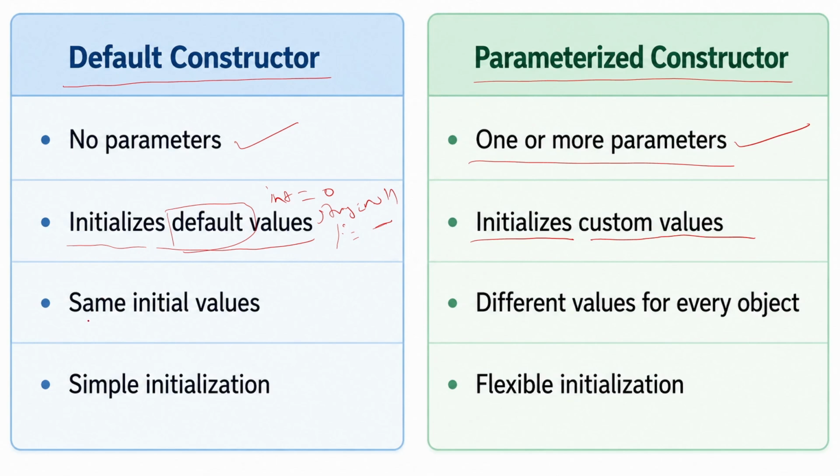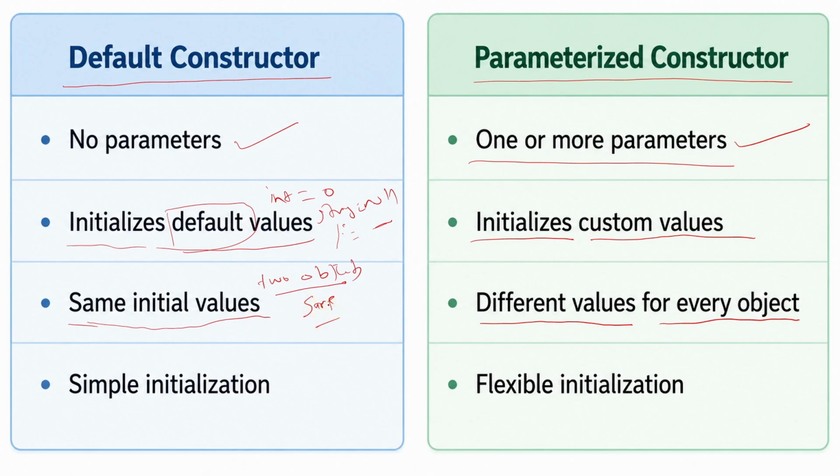Now the third point is same initial values, versus different values for every object. It means we are creating n number of objects. Let's say we are creating two objects. For these two objects, the values of the properties will be the same.